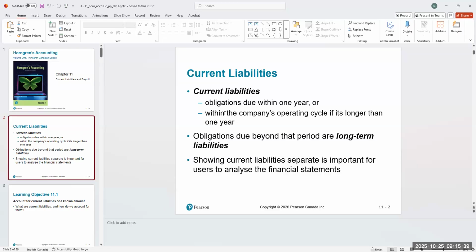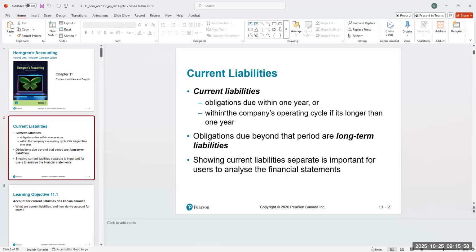Now, the current liability is everything within 1 year. If today I have to pay for something that I did in the past within 1 year, that makes it current. What's the long term? Long term is any liability which is not current.